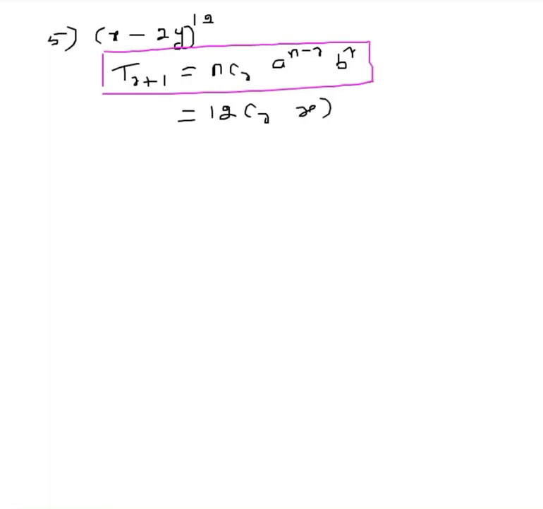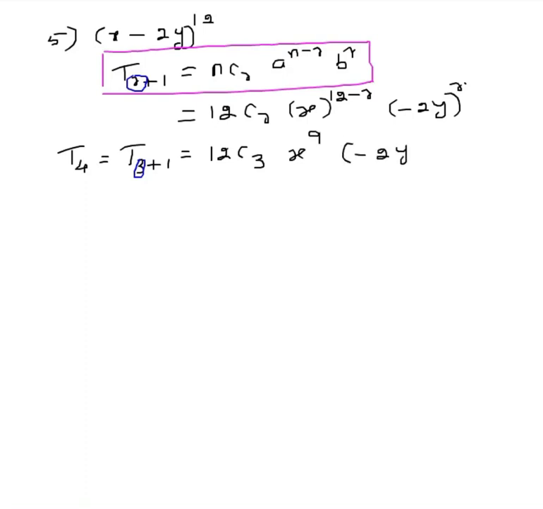A is the first term, x raised to 12 minus r, and b is minus 2y raised to r. We need the fourth term. I can write 4 as 3 plus 1. We have to substitute r as 3. 12C3, x raised to 12 minus 3 is 9, minus 2y raised to 3.